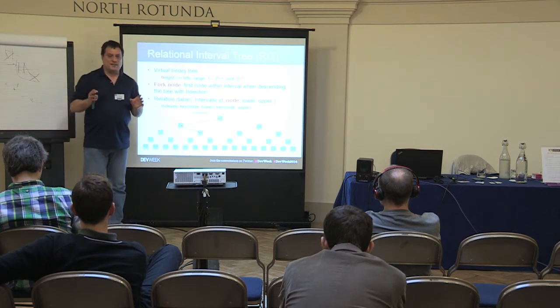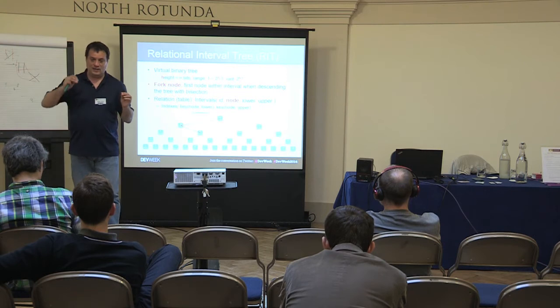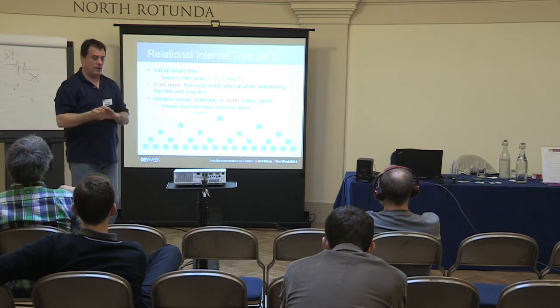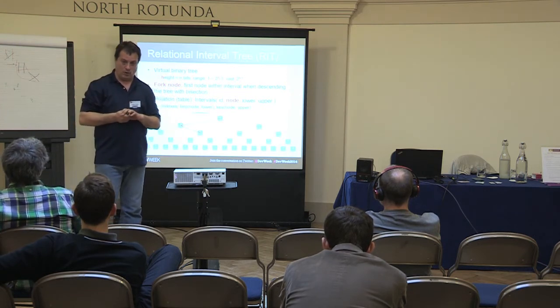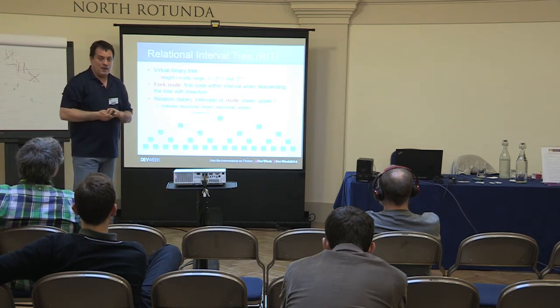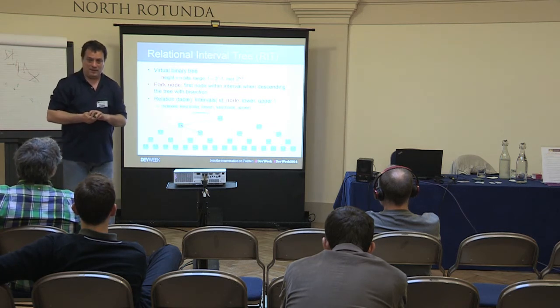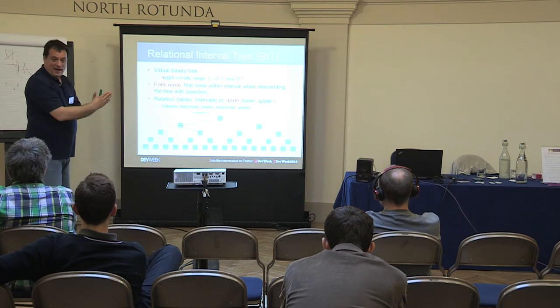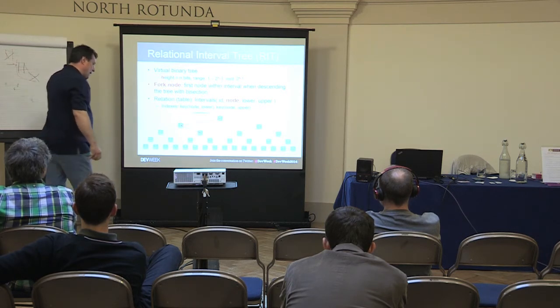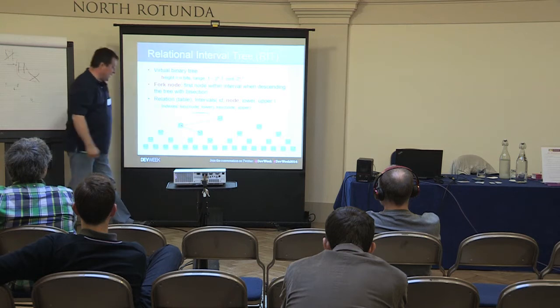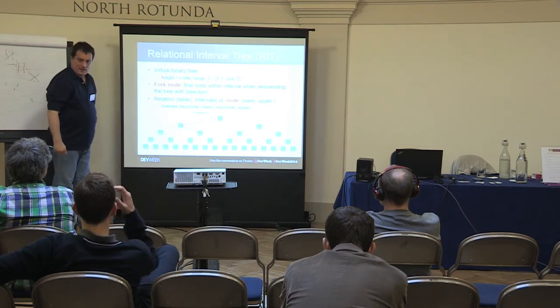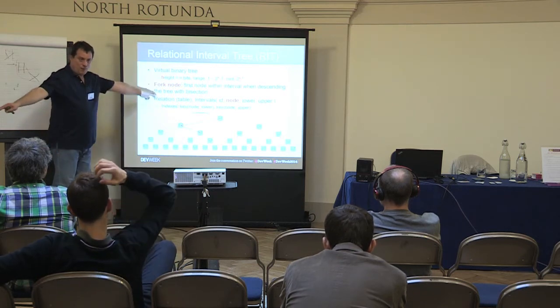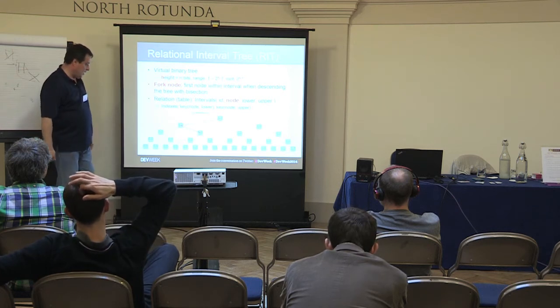So for every single interval, I try to find something which Kriegel, Pötke, and Seidl called the fork node. The minimal number that covers the whole interval in the binary tree. So going up, this is covered by this minimal number 10. This has a fork node for this interval.